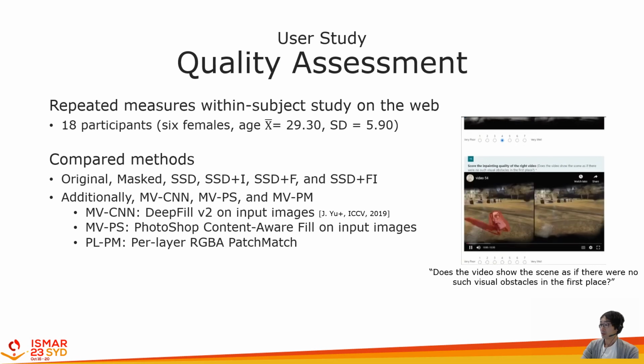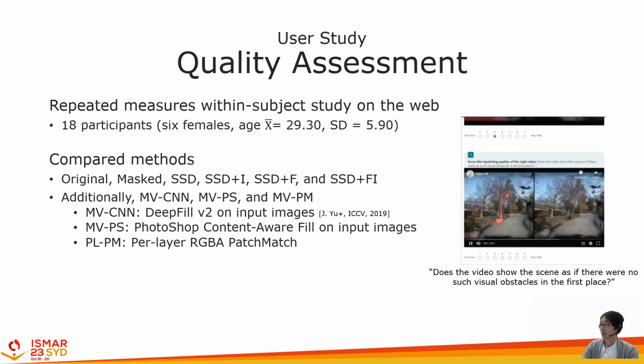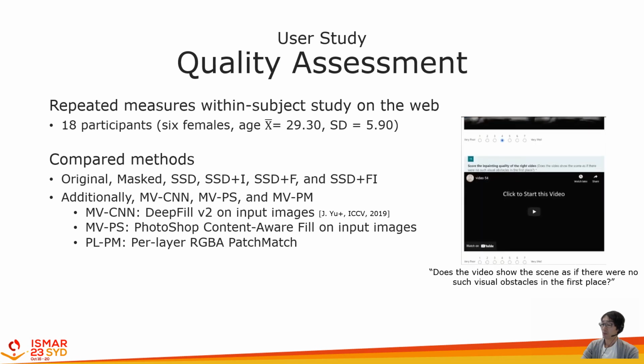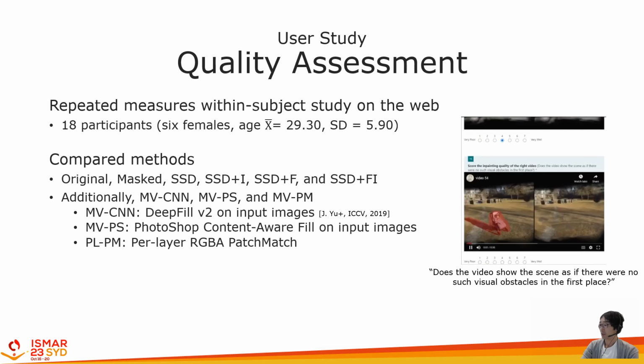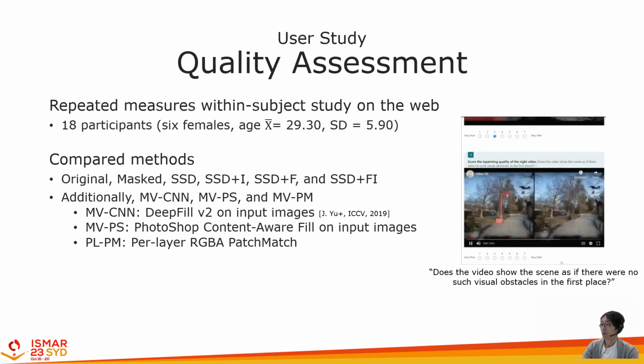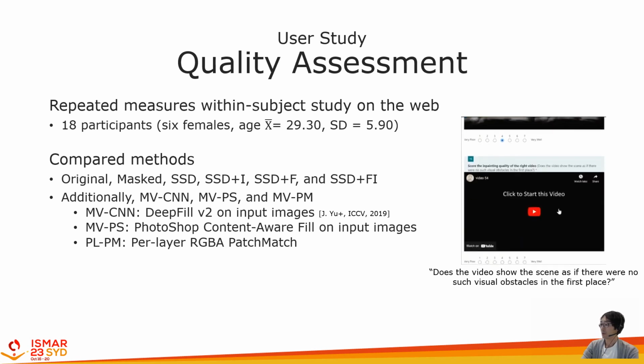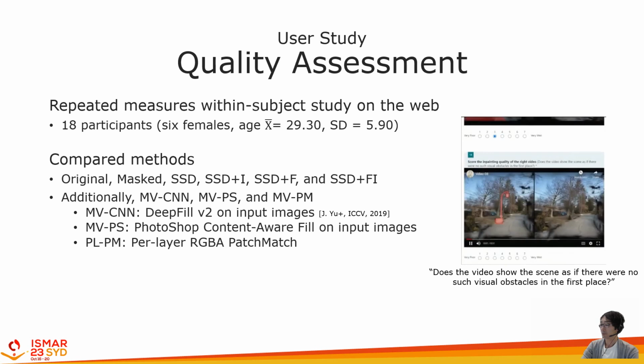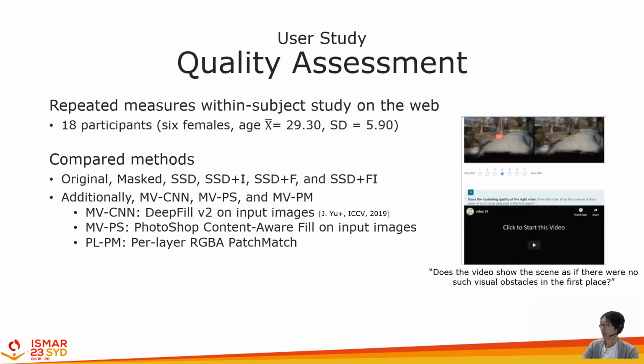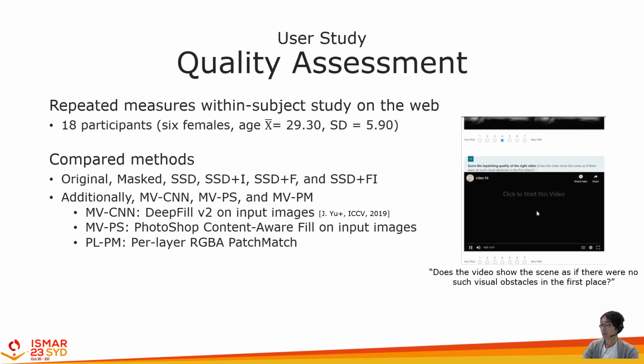Multiview CNN performs DeepView on every input multiview image and then generates a multi-layer image. Multiview Photoshop replaces the deep neural network part of the multi-view CNN with Photoshop content-aware fill of a commercial de facto standard. Per layer PatchMatch implements per layer RGBA PatchMatch.